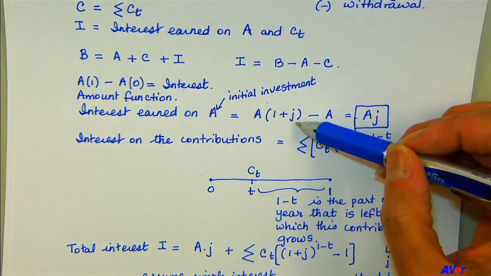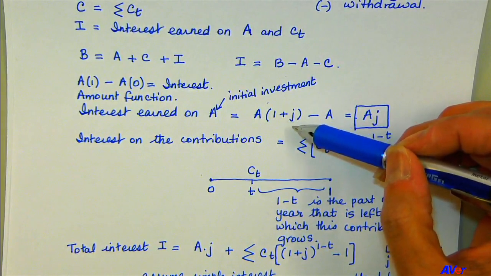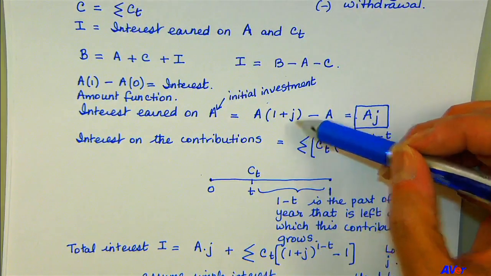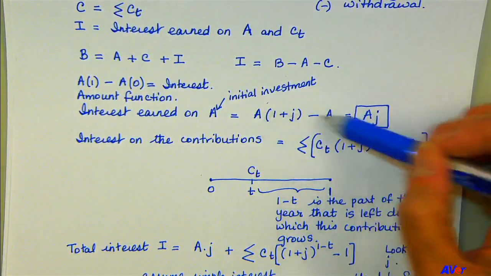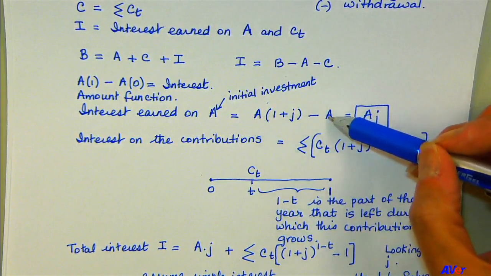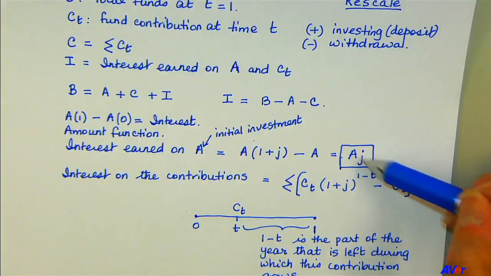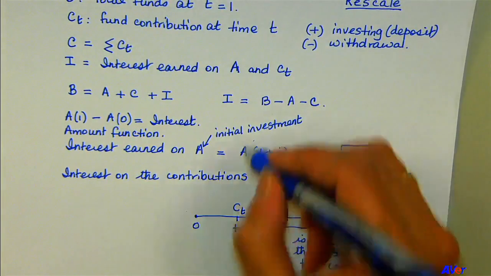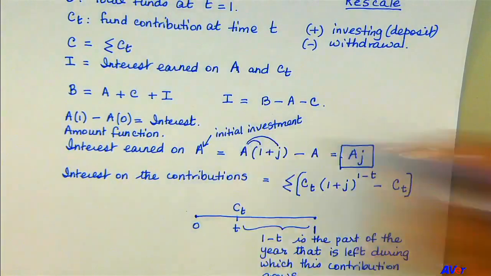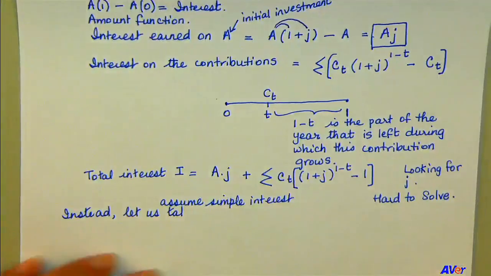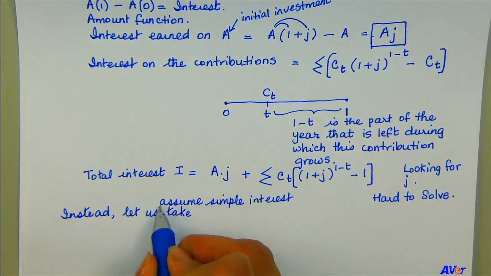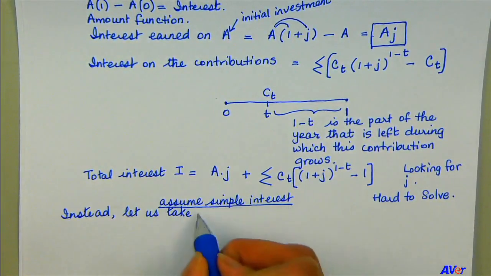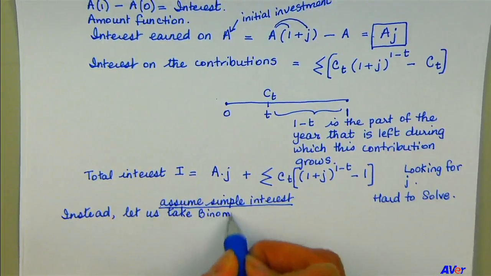So I'm saying at the end of the period 1, it's just A times (1 plus j) to the first power, right? That's what this is, minus what you started with. When I take this difference between what you end up with and what you started with, it will give you exactly the interest that you earned on A. So that's A times j, like so. Okay, so instead let us take, assuming simple interest, the binomial expansion.